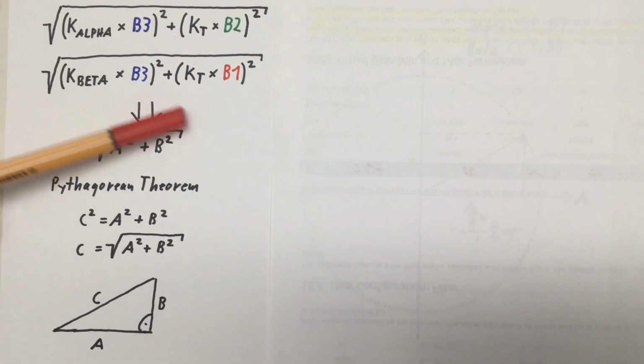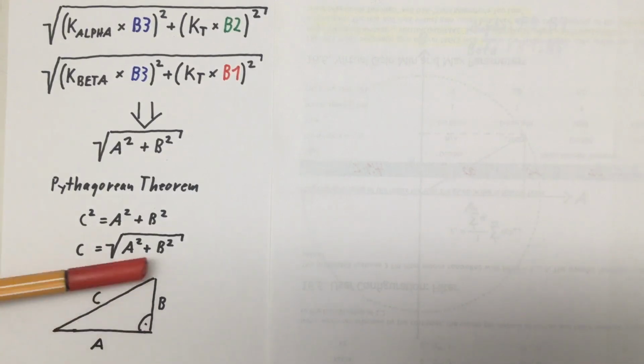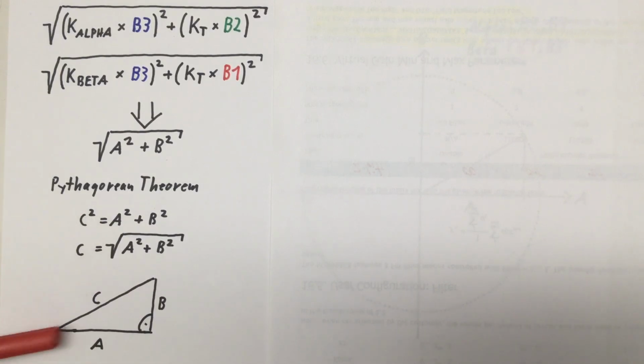Most of you will have already recognized that as the Pythagorean theorem that describes the relation between the three sides of a right-angled triangle. In its easiest form, it's written c squared equals a squared plus b squared.